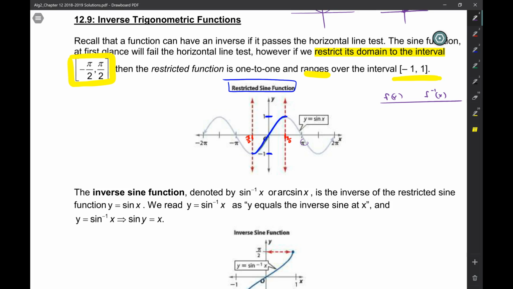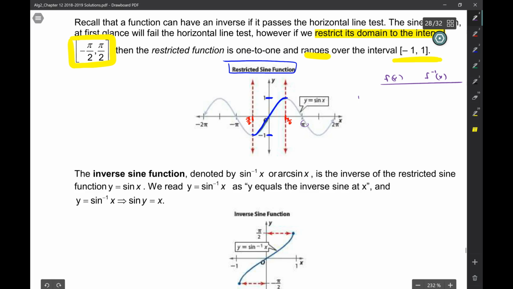It switched, right? So the domain and the range switched. So now, in my restricted f of x function, my domain is negative pi over 2 to pi over 2. Oh, I just realized this is in a different notation than what we're used to, so let me write it in our notation.